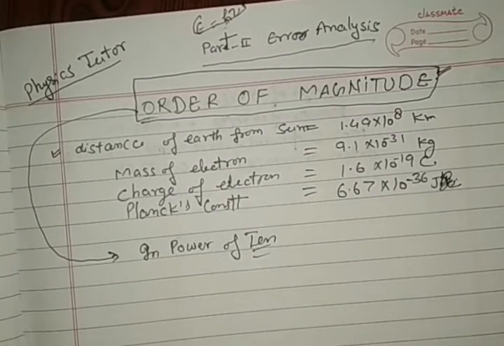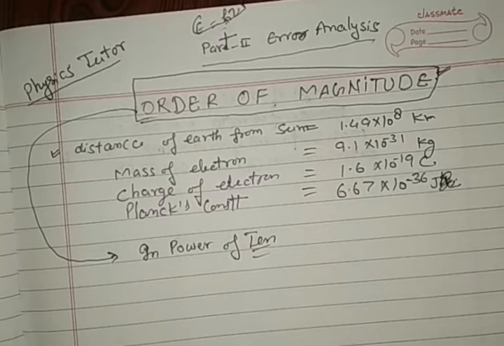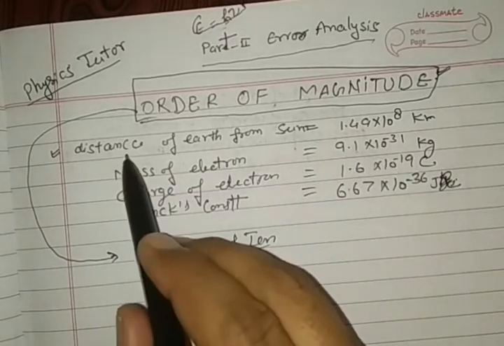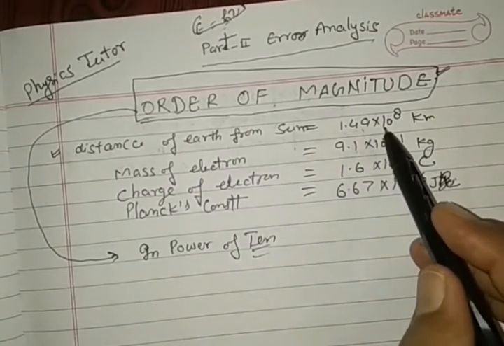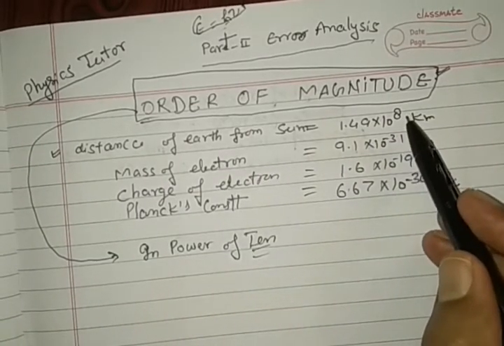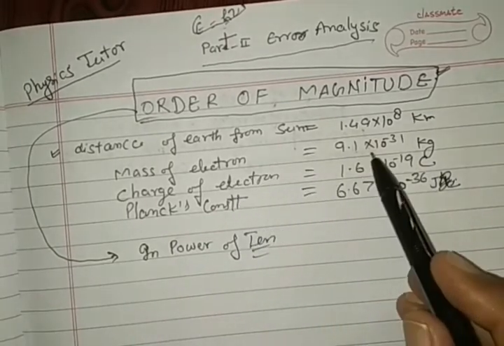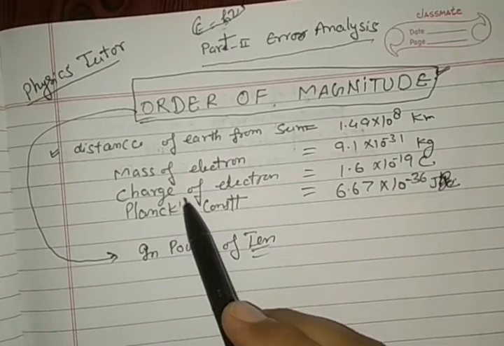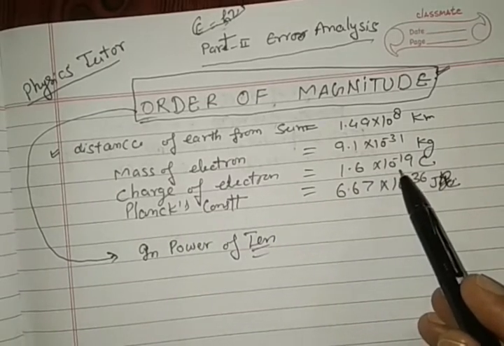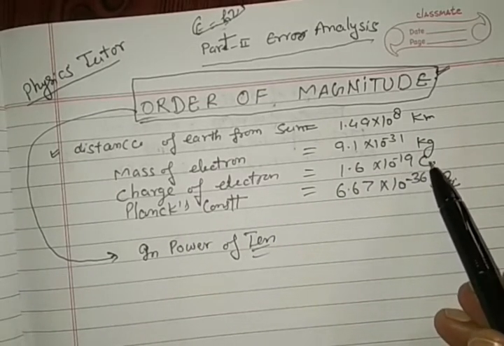Suppose some values are given, and this value is very high or very low. Some examples I am going to take. Let the distance of earth from sun be 1.49 into 10 to the power 8. Mass of electron 9.1 into 10 to the power minus 31. Charge of electron 1.6 into 10 to the power minus 19.